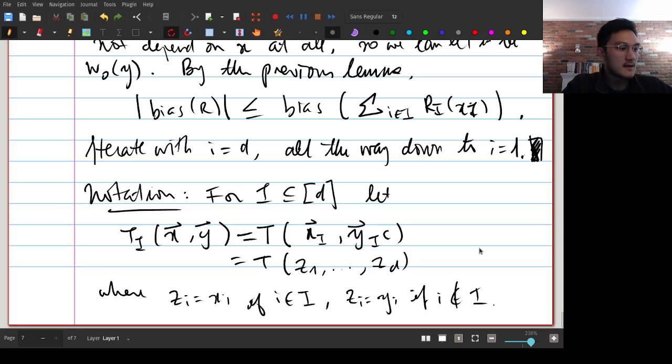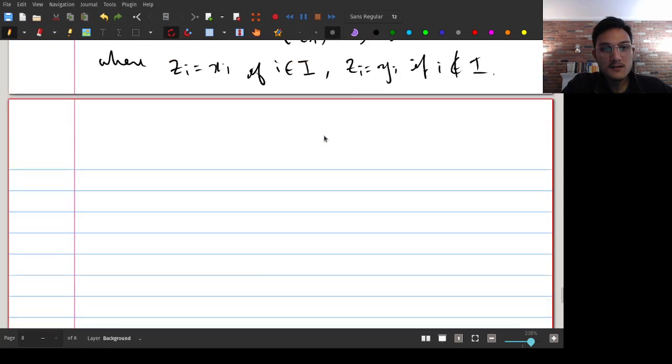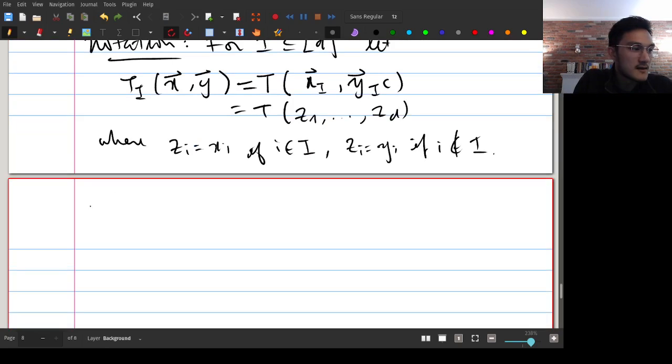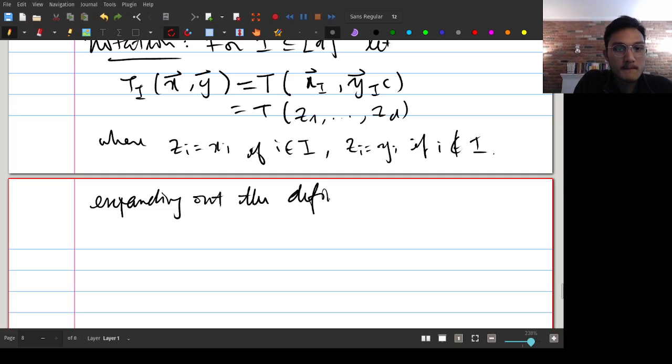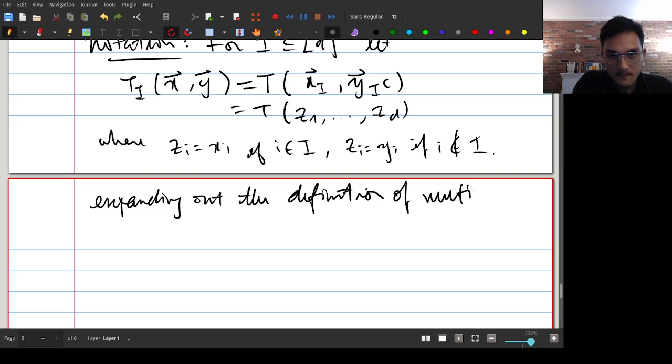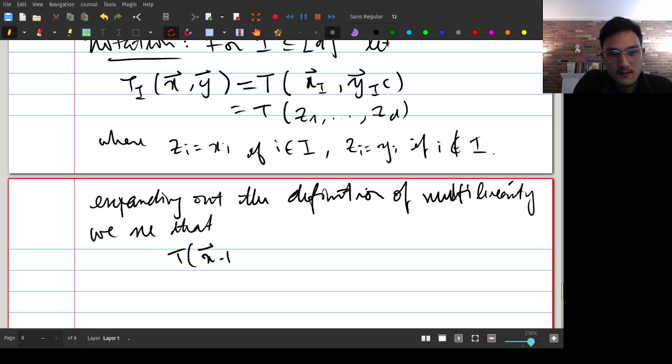Okay, and so expanding out the definition of multilinearity, we see that T of X plus Y, because this is linear in every variable, is going to be a bigger sum than just T of X plus T of Y, right?